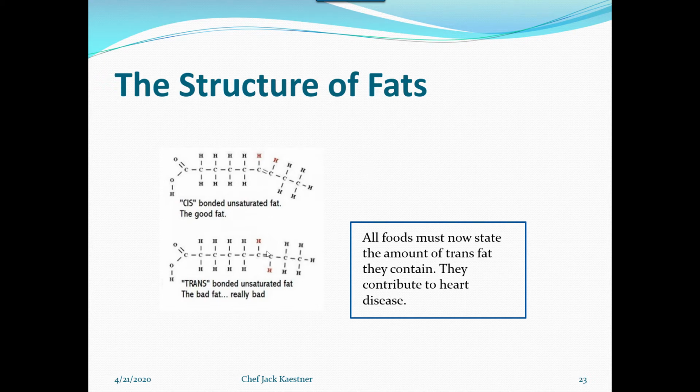As food manufacturers add hydrogen, they can add it either in the cis form or trans form. It was cheaper to do it in the trans form. That's why most of our processed foods have trans fatty acids, but now they're making trans fat free, so they can chemically add the hydrogens both on one side. So now you know.